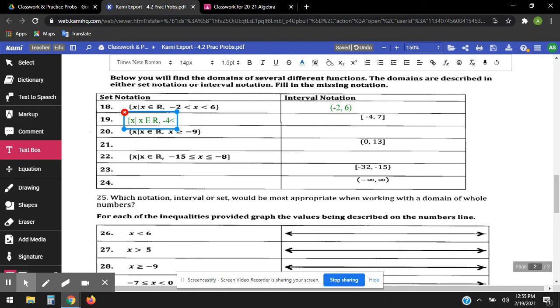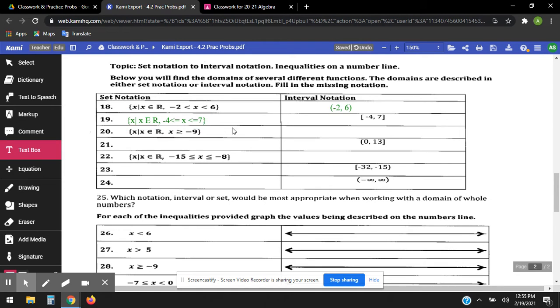Again, I don't have those keys on my board, so I'm just going to write it this way. You guys would do the proper less than or equal to symbol here. And then x is also less than or equal to 7, end bracket. I have to compromise a little bit since I don't have a greater than or equal to symbol on my computer at the moment. So here I'm showing I'm going to start with -4. It includes -4. I'm going to go to 7 and it includes 7.